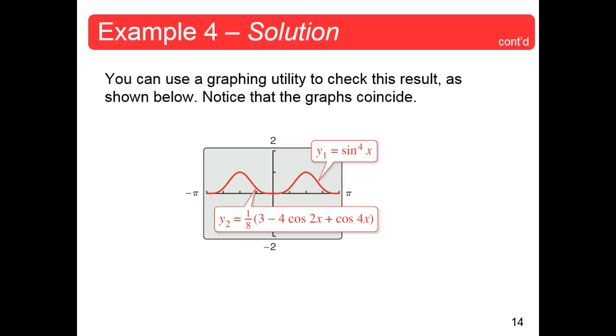You know, this is always positive. Sine x goes positive and negative. Sine squared is going to always be positive. Sine to the fourth is always going to be positive. So this is about how you would expect it to look, because it's always positive. What is a little surprising to me is that if you take 3 minus 4 cosine 2x, which would tend to make this fairly negative sometimes, and then plus cosine 4x, they don't look like they'd be all that positive, but this is at 3 always, and this sometimes is at 1.